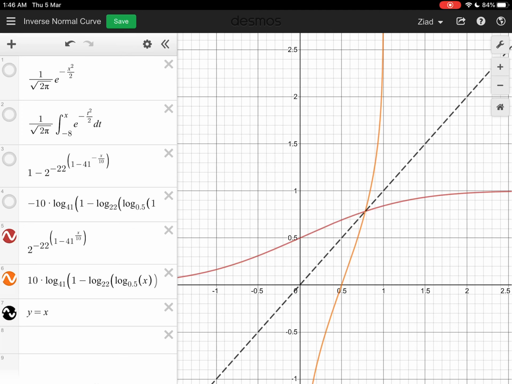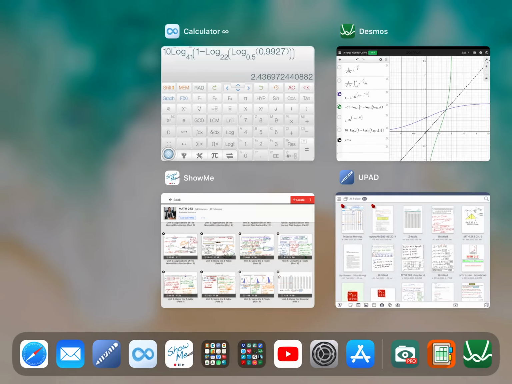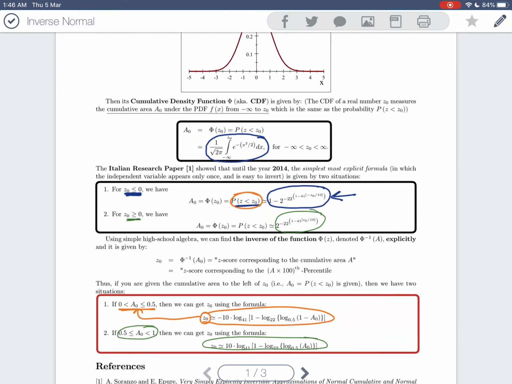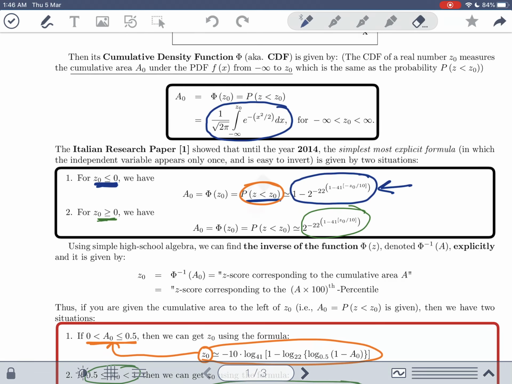You just graph the line y equal x and check that they are mirror images of each other. Here you can see clearly that these two are mirror images of each other, and the other two are also mirror images of each other. Remember, what are these? What am I putting? I'm putting the formula here.